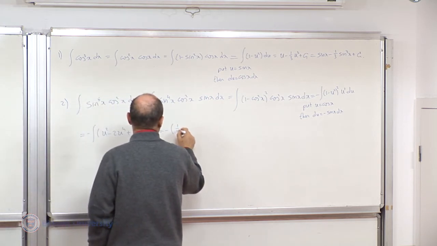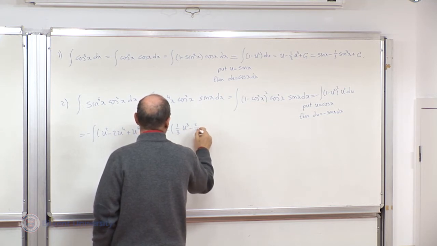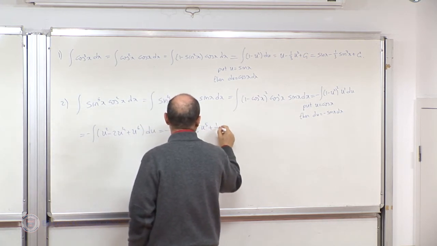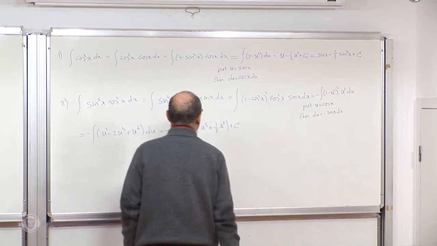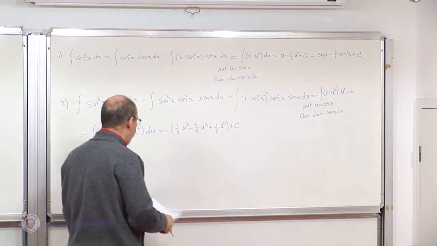This is 1 over 3 u cubed minus 2 over 5 u^5 plus 1 over 7 u^7 plus c. Now put back u equals cosine x.